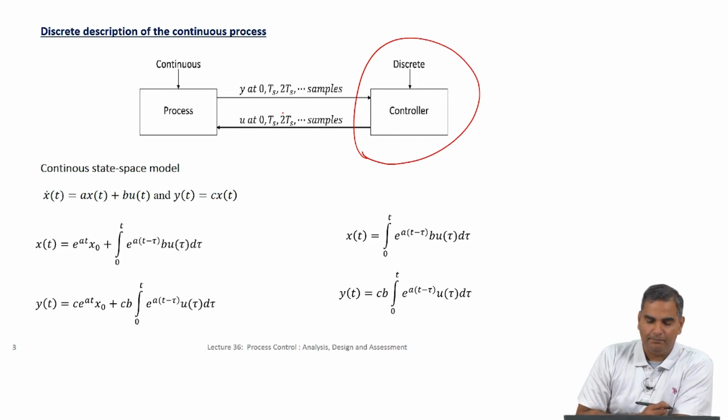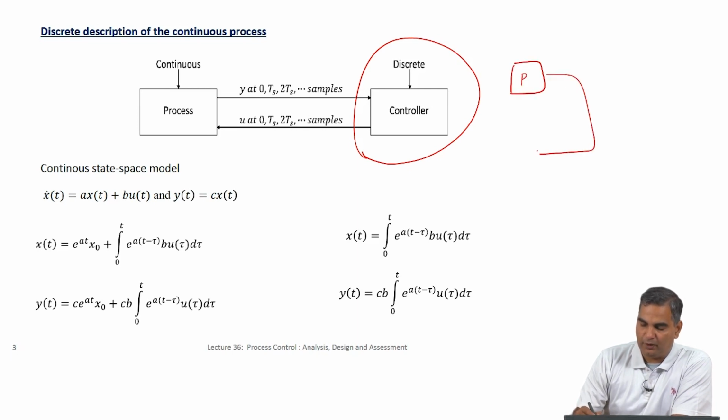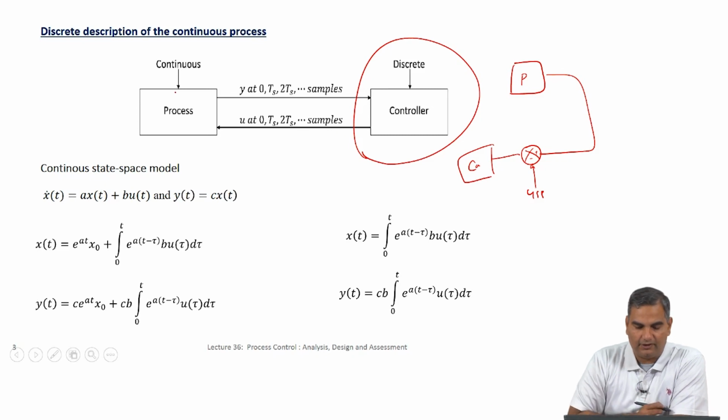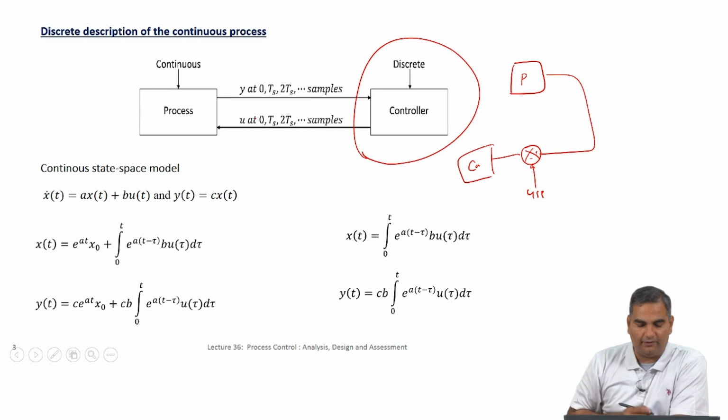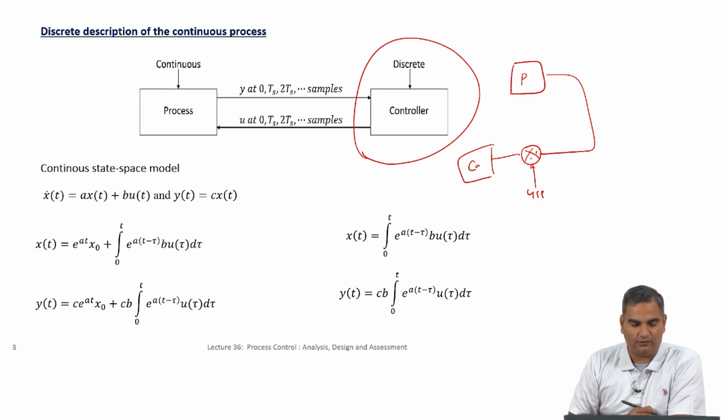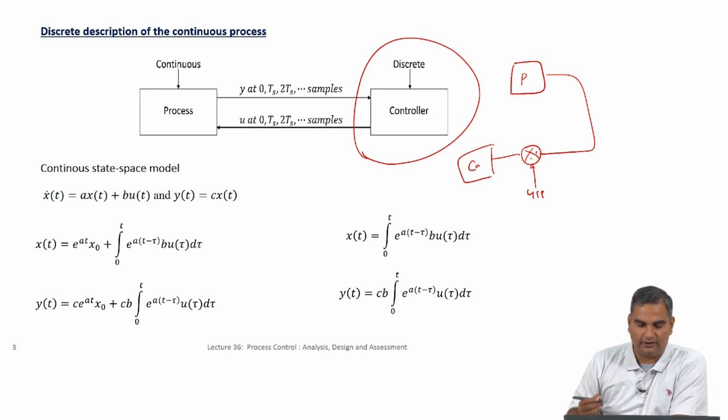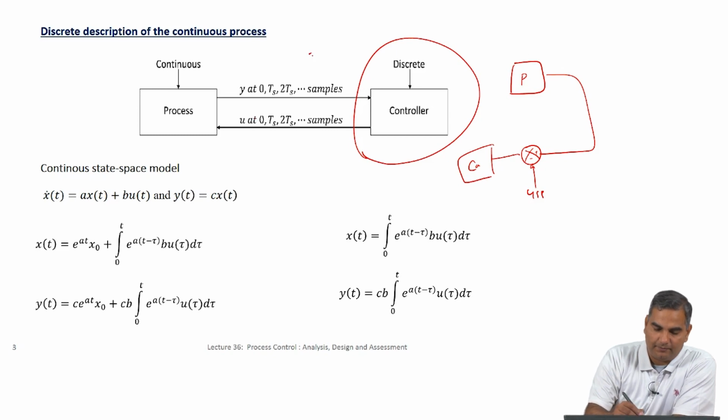In a continuous controller, I have this process which gave me y values, which I compared with a set point, and I sent it to a controller. So, this continuous variable value is going into a controller, whereas here the process is still continuous, and we are only looking at the values at discrete time intervals: 0, Ts, 2 Ts, 3 Ts, where the sampling time is Ts.